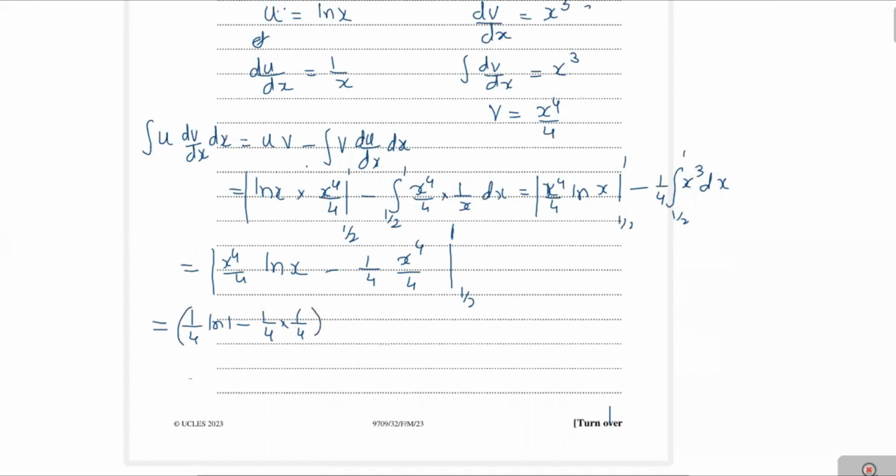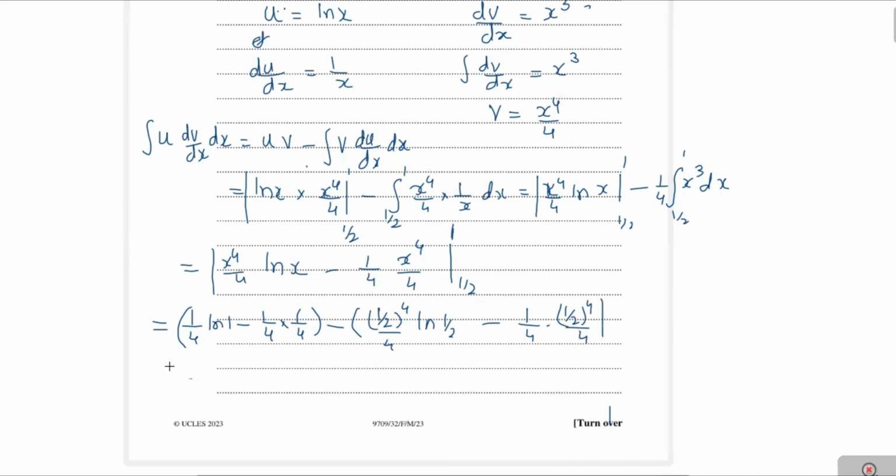Next is the minus. Now we put the value 1 over 2. Now you see here, x power 4 is 1 over 2 power 4, so 1 over 2 power 4 over 4 ln 1 over 2 minus 1 over 4 into 1 over 2 power 4 over 4.